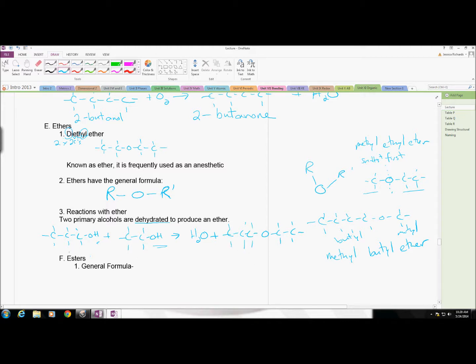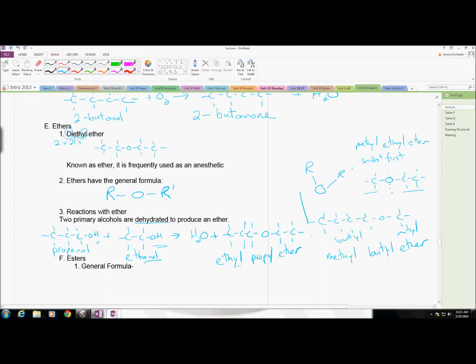So if this is propanol and this is ethanol, my ether over here is going to be ethyl. I change the alcohol ending to a branch ending, propyl, and ether.